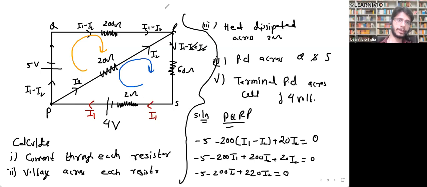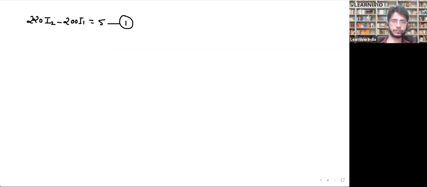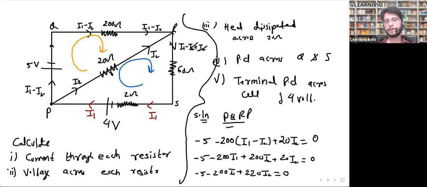Okay, let's take this loop PRSP. How do we choose the loop, clockwise or anti-clockwise? You can choose anything, as per your convenience. The answer would be exactly the same.